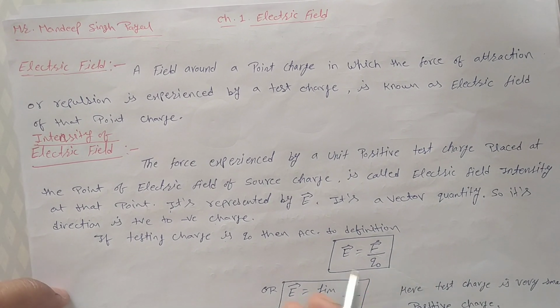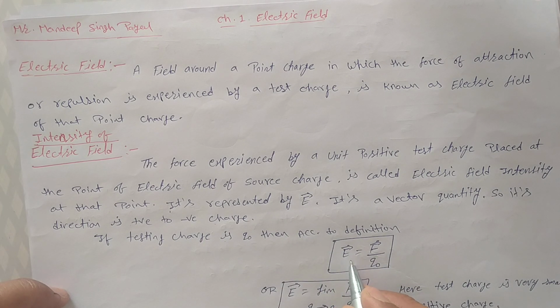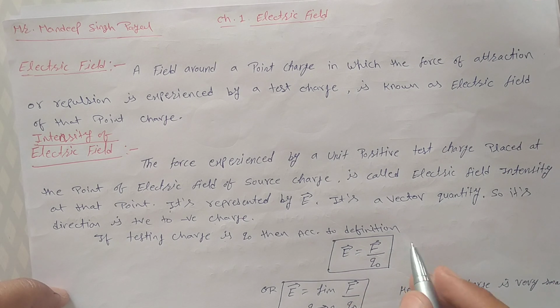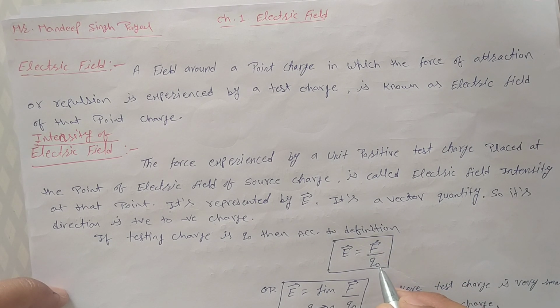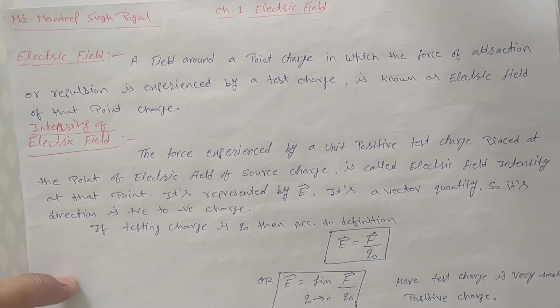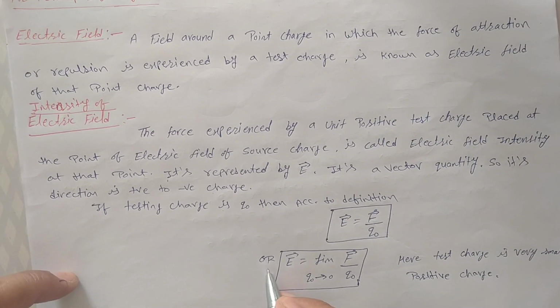According to the definition, if the testing charge is Q naught, then we can write electric field intensity E vector is equal to F vector, which is the force experienced by the testing charge, upon Q naught. Q naught is the magnitude of the testing charge. Or E vector is equal to limit Q naught tends to 0.